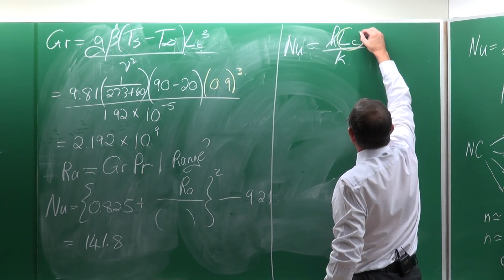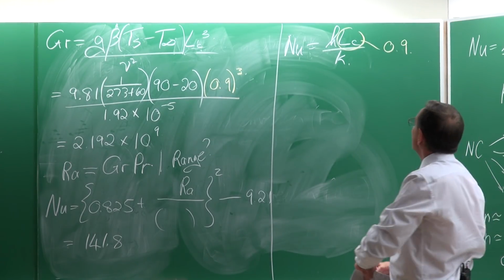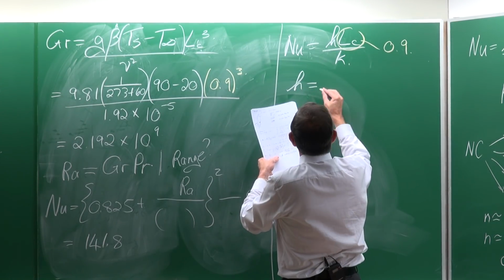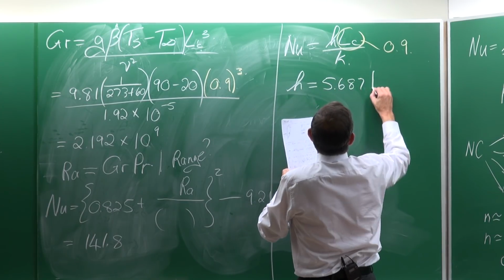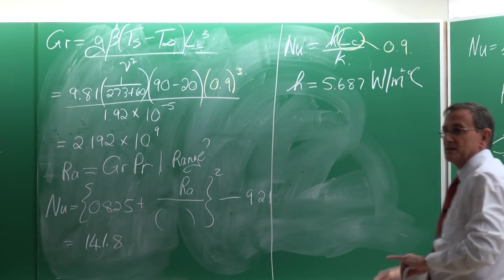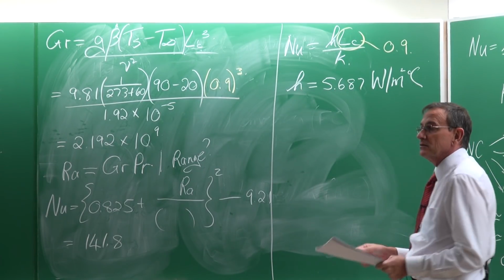The characteristic length that we need to use there is 0.9. We can determine the heat transfer coefficient as 5.687 watts per square meter degrees Kelvin. It's a typical value that we would expect, not 50,000 or something like that.